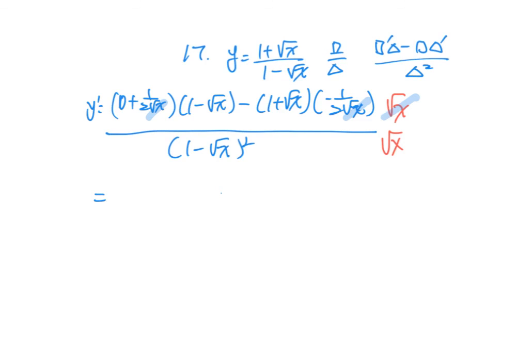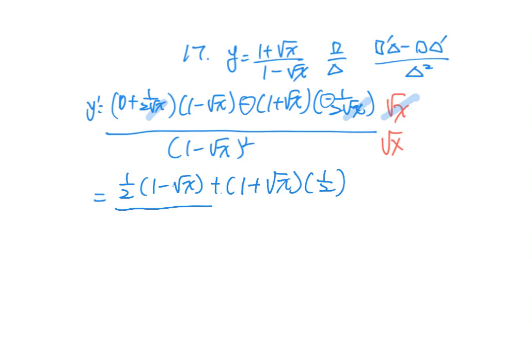Let's go back to the pen. All right, so then I'll have 1/2 times 1 minus root x minus, oh, I guess that negative becomes positive. Then I'll have 1 plus root x times another 1/2, over 1 minus root x, squared. Factor the 1/2 out.